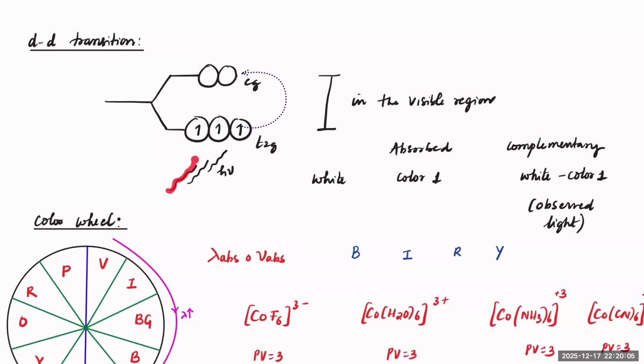So when the white light approaches, the electrons present in T2g will absorb that light and go to the Eg, thus giving a complementary color. So one color of the white light will be absorbed, and the rest will be white minus color 1. That gives a complementary color, which we call the observed light.